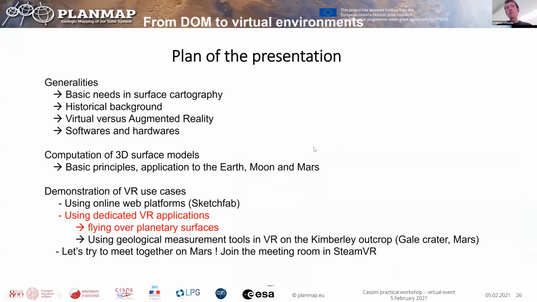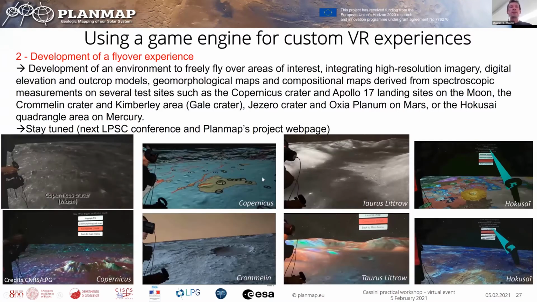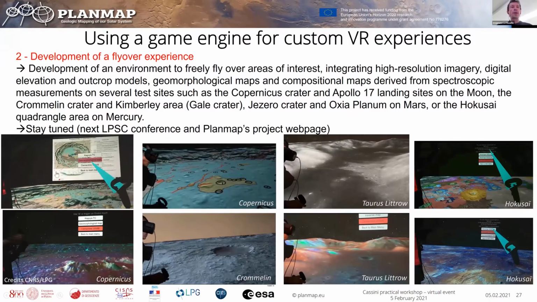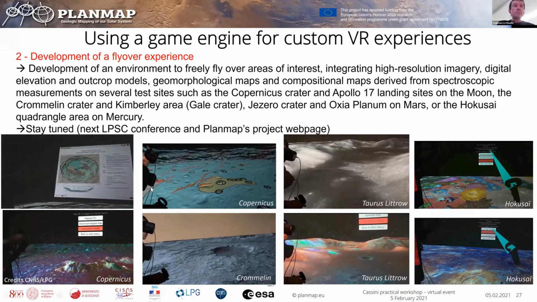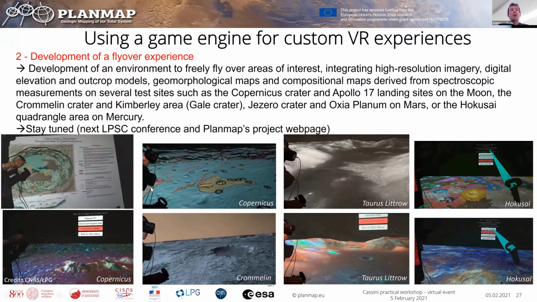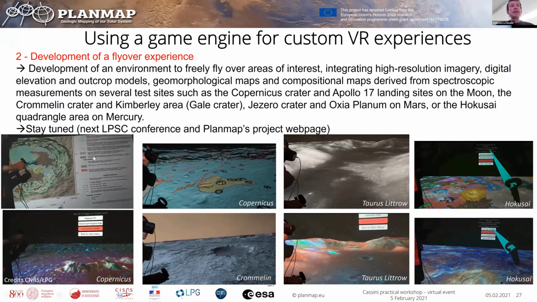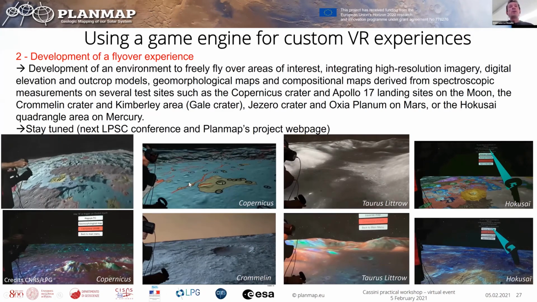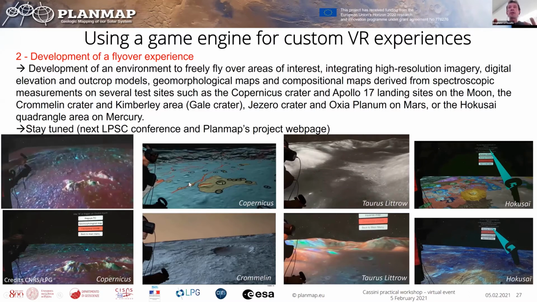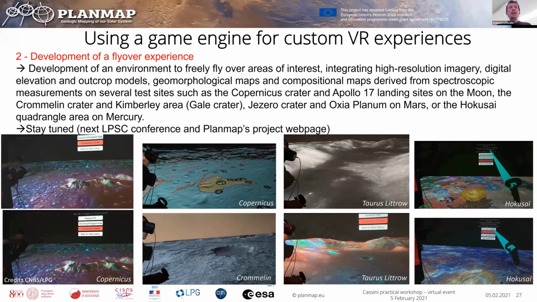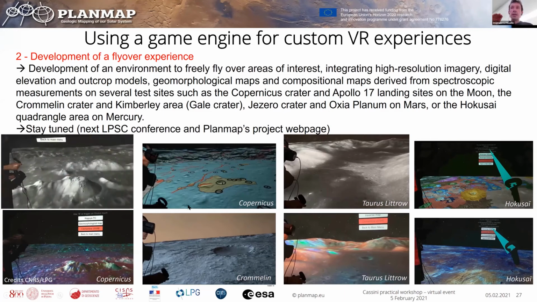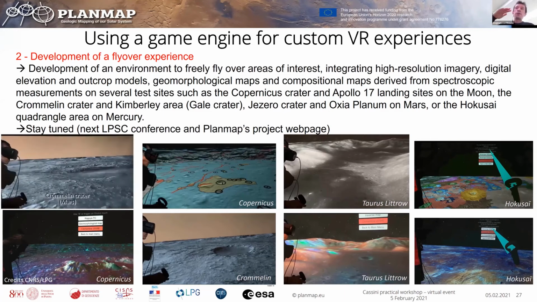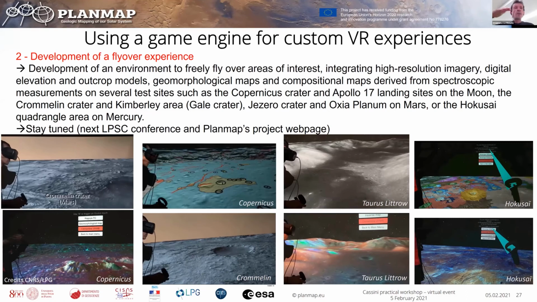If you want to go one step further, then you need to do something much more, I would say, complicated. And I have a small video here to show a project that I've been working on in the framework of the Planmap project. So here, the idea is to use an engine in order to render in real time the planetary surfaces. So in this case, I'm using images taken by orbiters.